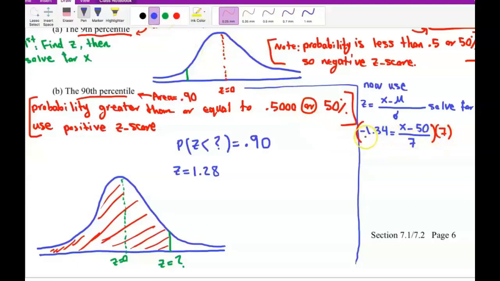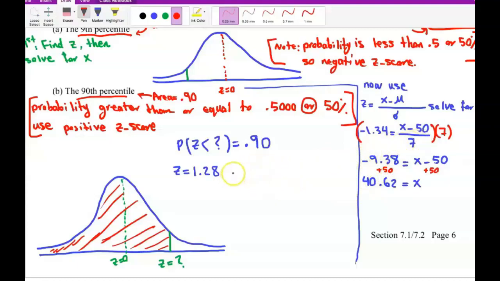So we have 7 times negative 1.34, that is negative 9.38 equal to x minus 50. And solving for x, you need to add 50 here and here also 50. So x is equal to 40.62. Okay, so I added 50 on this part. So that was for part A.